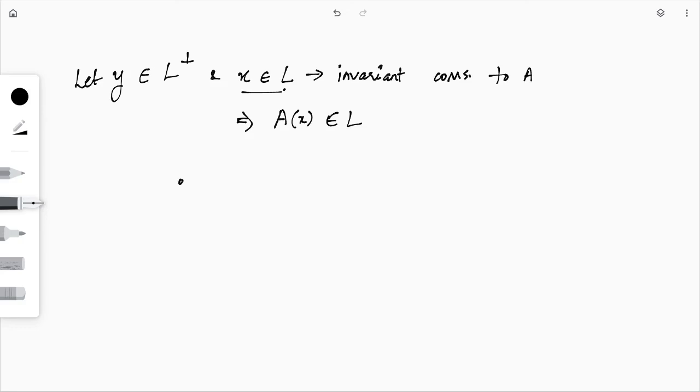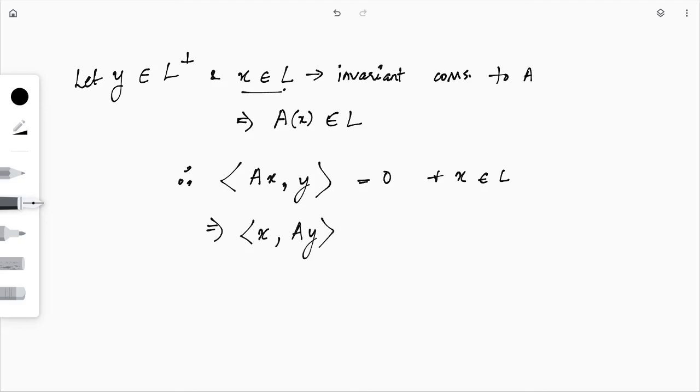Then if I take the inner product of A of x and y, what will happen? A of x is an element of L, y is an element of L orthogonal, so their inner product will be 0, right? This is true for every x. Now since A is self-adjoint, I can write inner product of Ax, y as inner product of x, Ay. This is also 0, right?